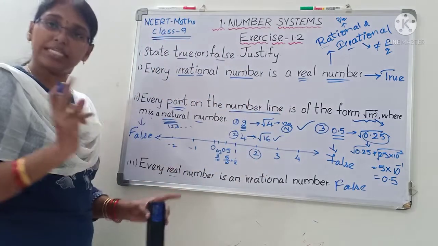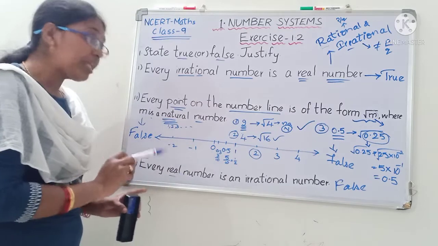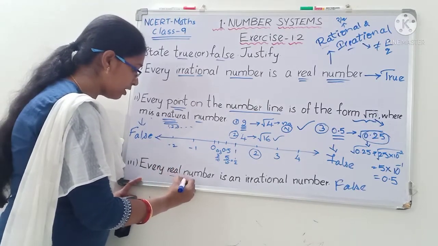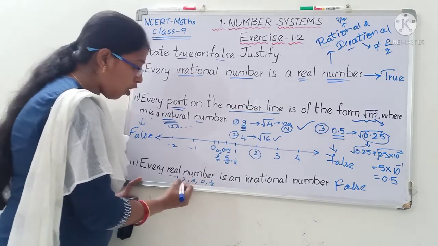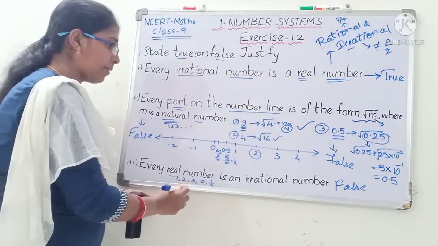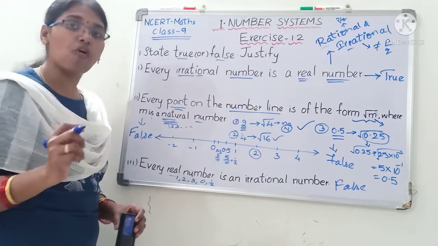Every irrational number is a real number, children. But every real number is not an irrational number. Let's consider examples 1, 2, 3, 0, 1 by 2. All these numbers are not irrational numbers, children. So the statement is false.